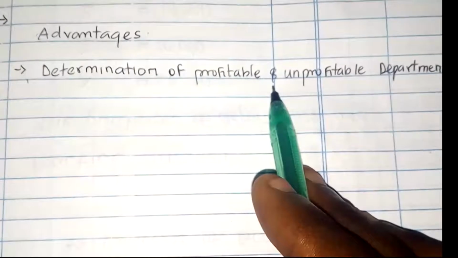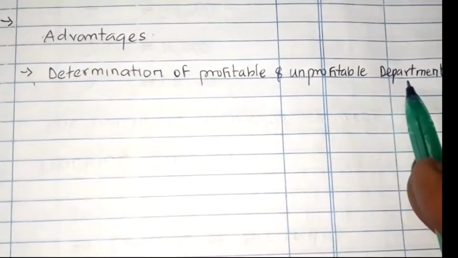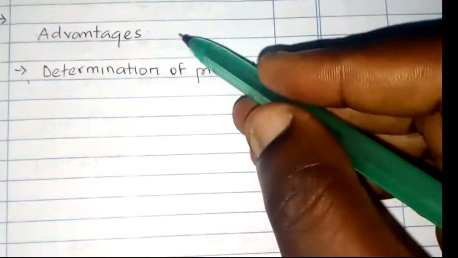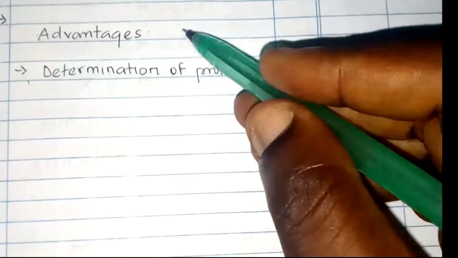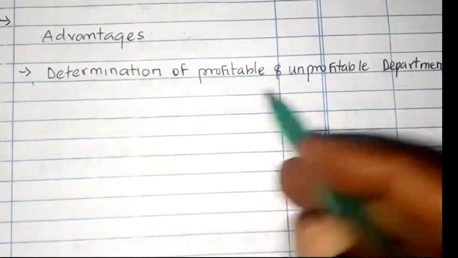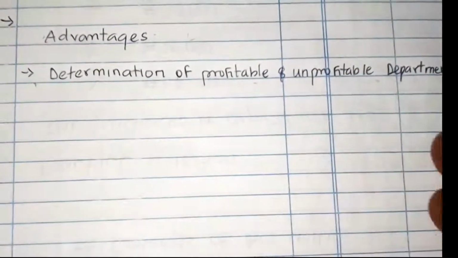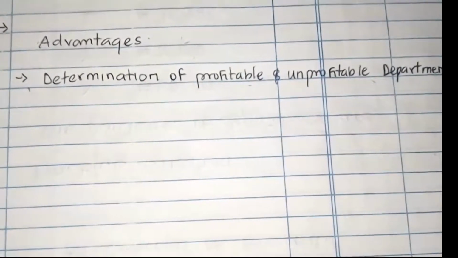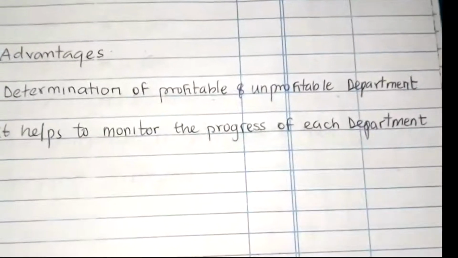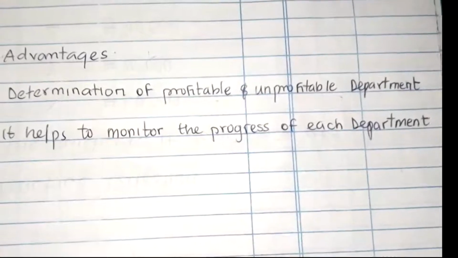It helps to monitor the progress or the performance of each department. Then the gross profits and the net profits of each department can be ascertained. Then it helps to assess the performance of each departmental manager. And lastly, it helps in formulating policies for the departments.